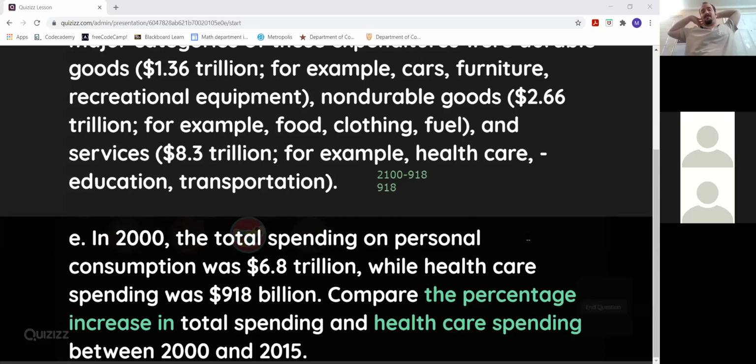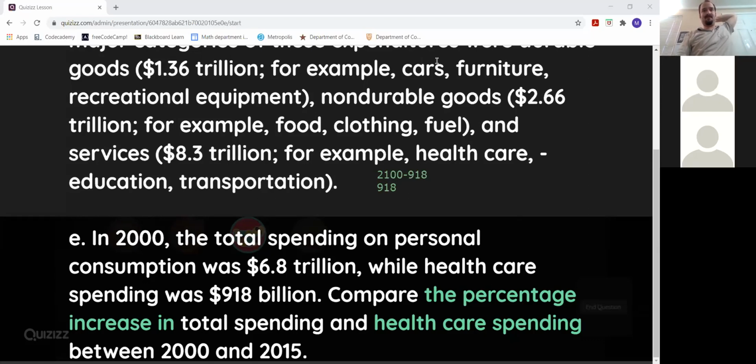I guess you could put all those zeros there if you really wanted to, but they're just going to simplify out. That's just coming from the fact that 2.1 trillion is 2,100 billion.